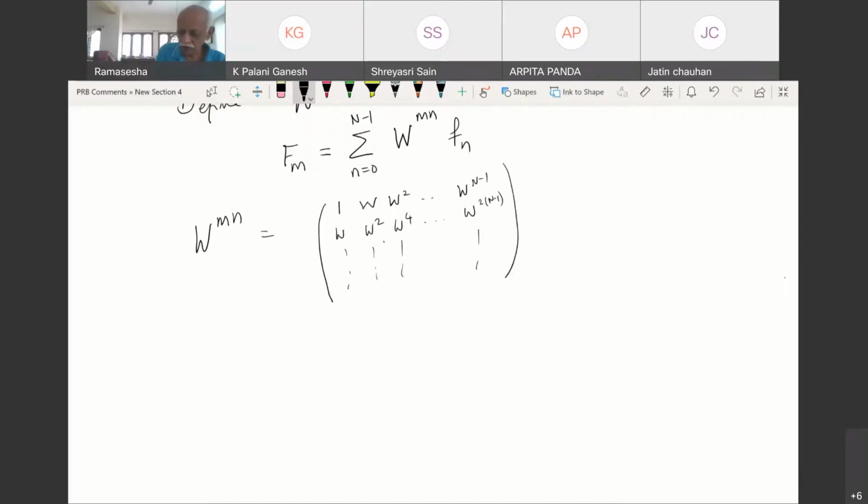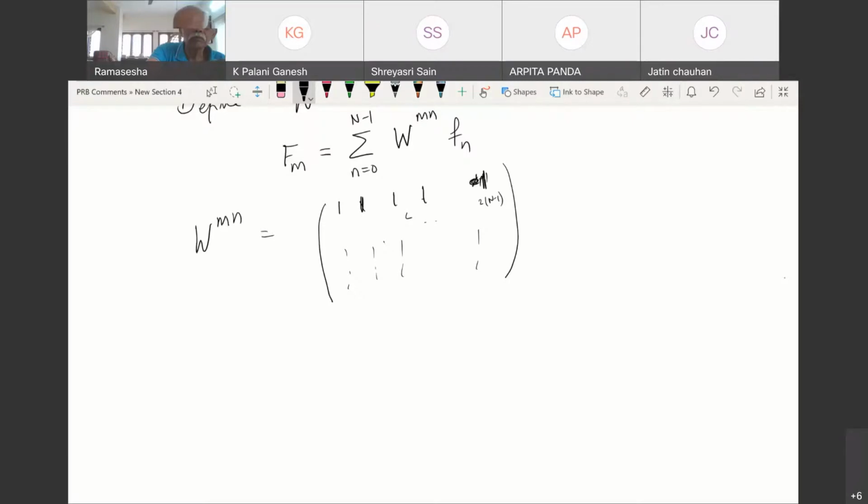So you can just write it down. When m is equal to 0, all of these will be 1, because m into n is 0.